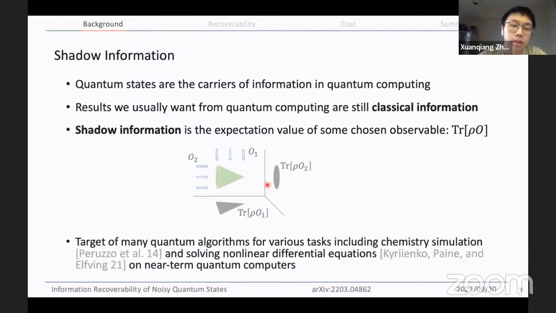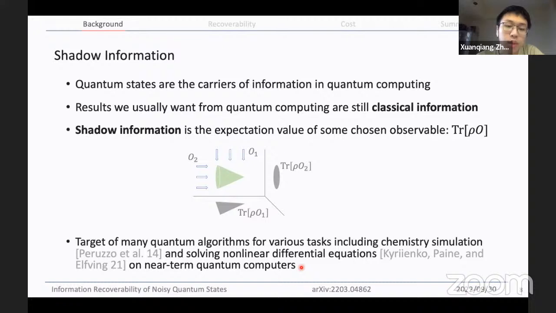And it is important because the shadow information is the target of many quantum algorithms. For example, the variational quantum eigensolver for chemistry simulation and the algorithms for solving nonlinear differential equations. And both of them can be run on near-term quantum computers.